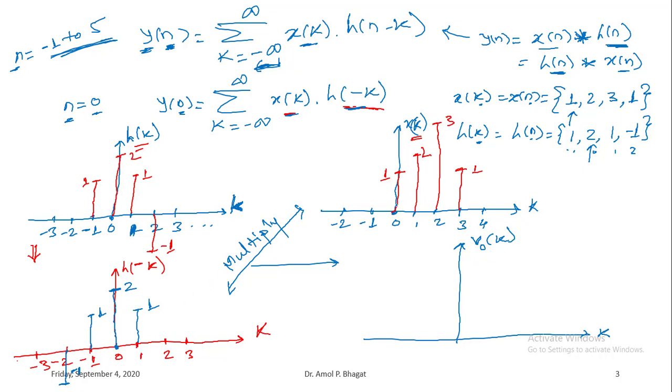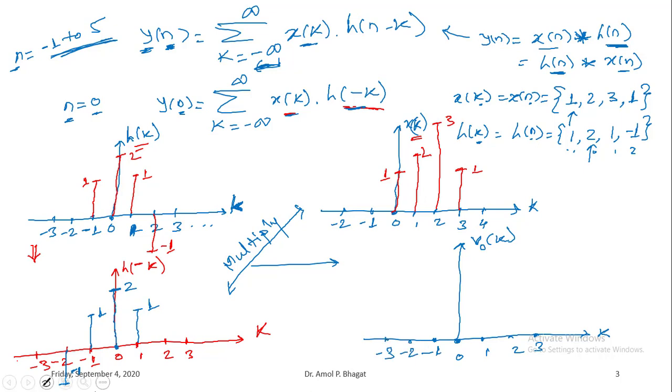So how to multiply it? As I am graphically plotting it, again 0, 1, 2, 3, similarly -1, -2, -3.